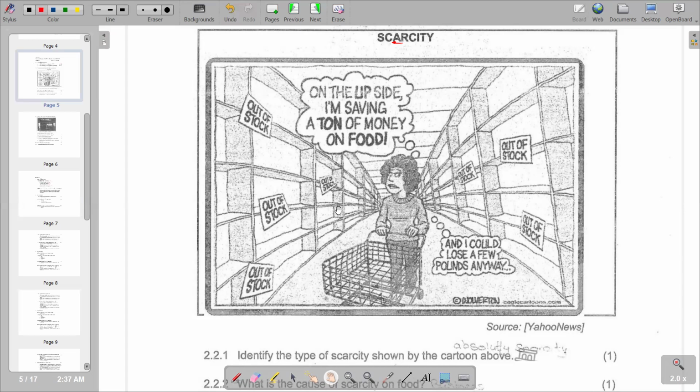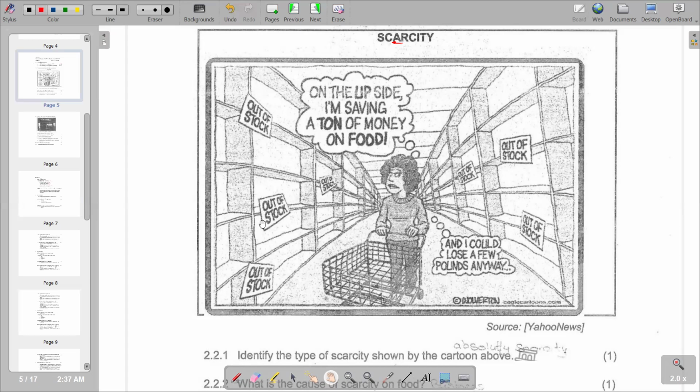So basically, that's the statement that has been said by this individual. And also, we've got another statement that is there, which is, and I could lose a few pounds anyway. So basically, this person is enjoying the saving.